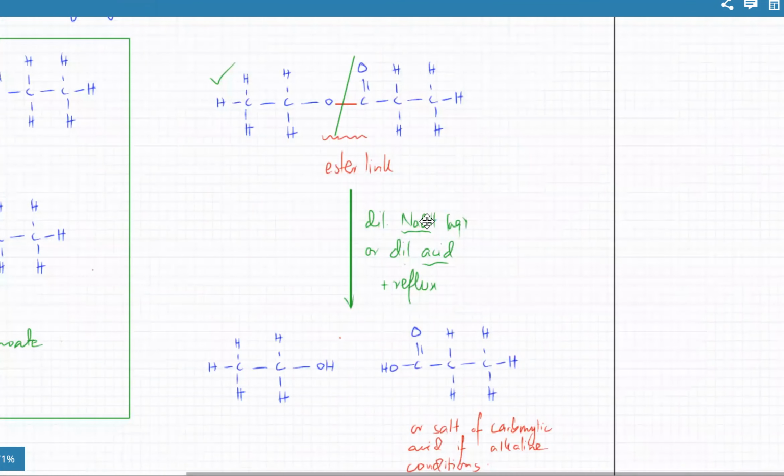When you hydrolyze an ester, you break it down back into a carboxylic acid.